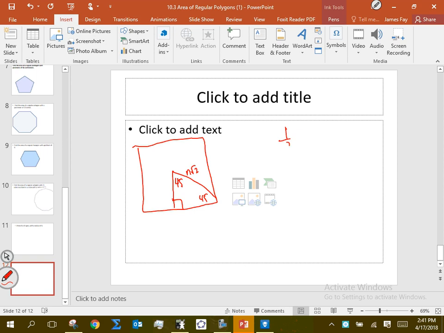I can still use 1/2 a times p. If I'm dealing with a triangle that is regular, it means it's an equilateral triangle. Is this triangle still in there? And that would be a 60-degree angle. So you got 30, 60, 90.